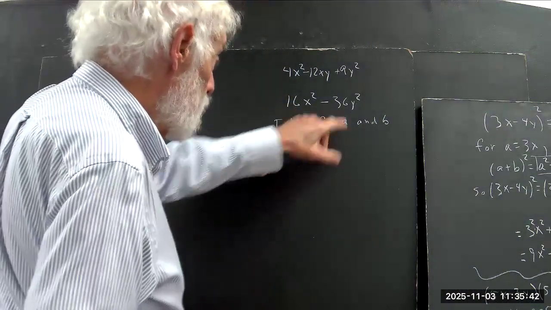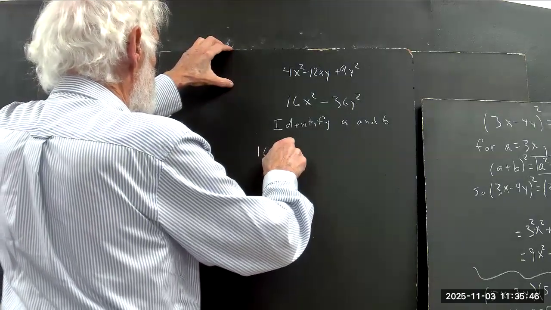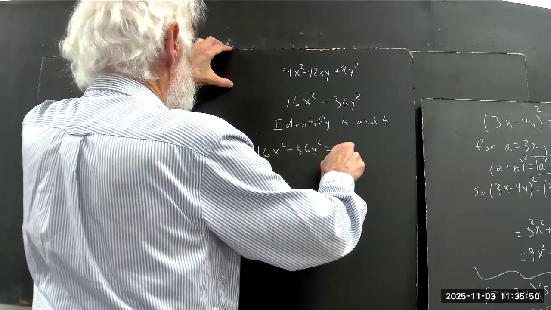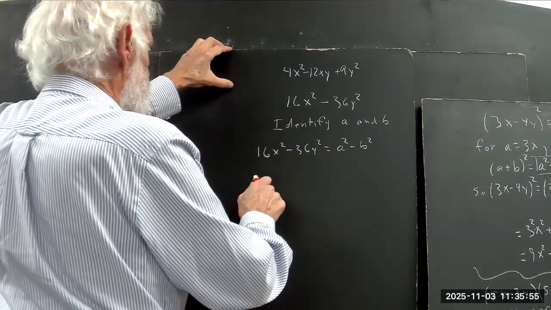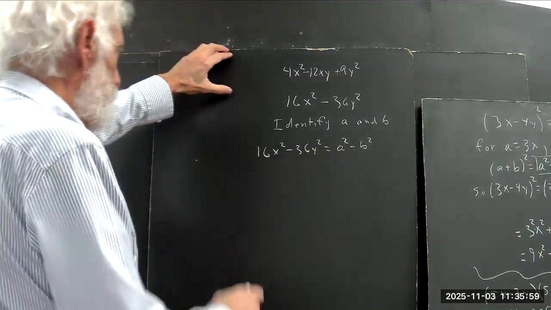People did pretty well with this. Okay, so we've got, so this equals A squared minus B squared.